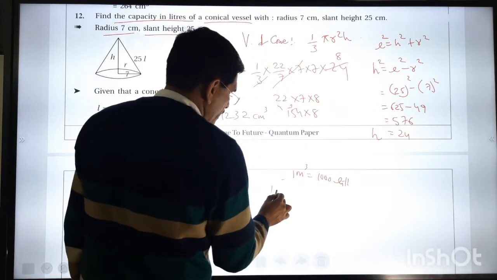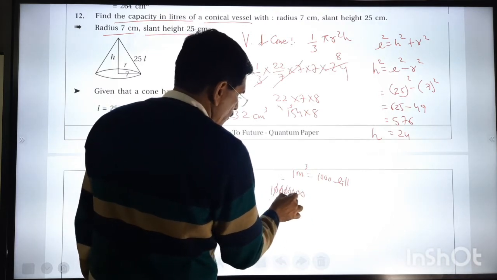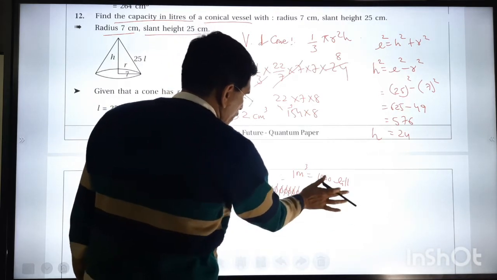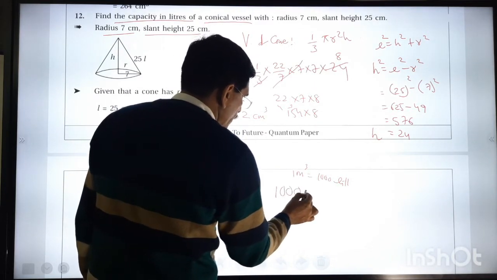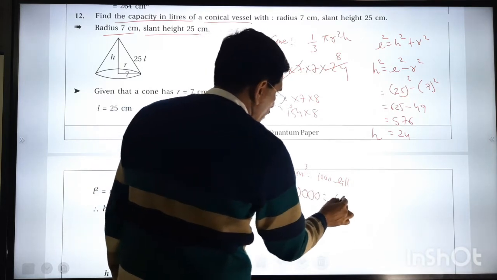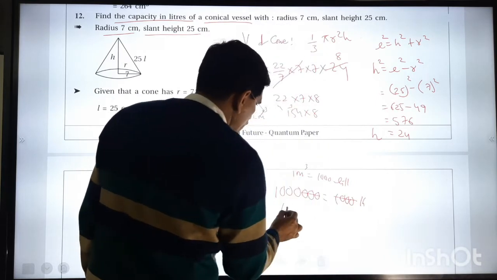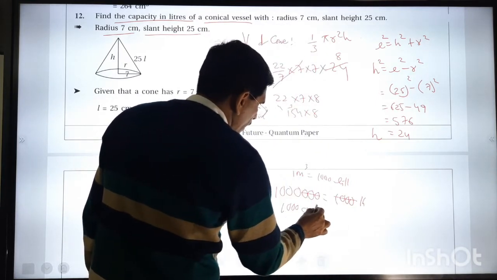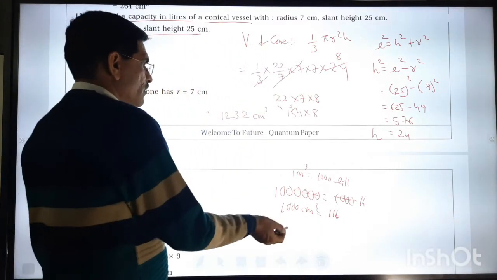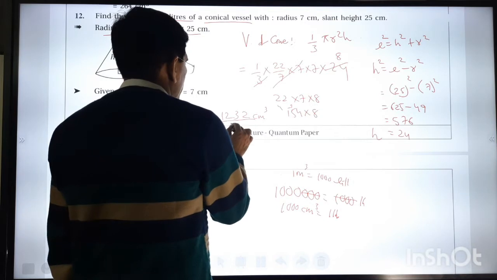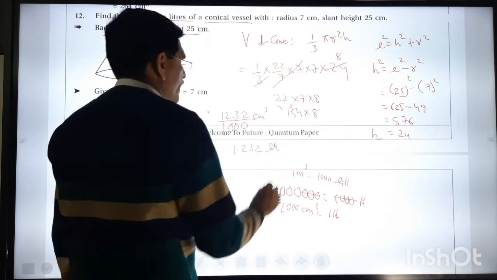Now 1 meter cube means 1 followed by 6 zeros in centimeter cube. Cancelling 3 zeros, 1000 centimeter cube is equal to 1 liter. So I have to divide by 1000. So 1.232 liters, that is the answer.